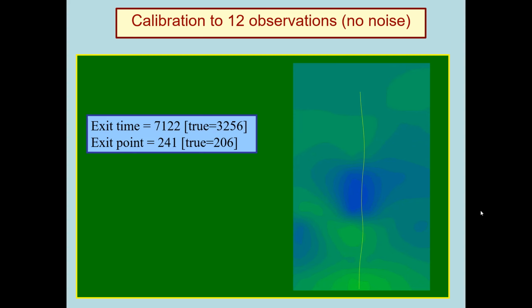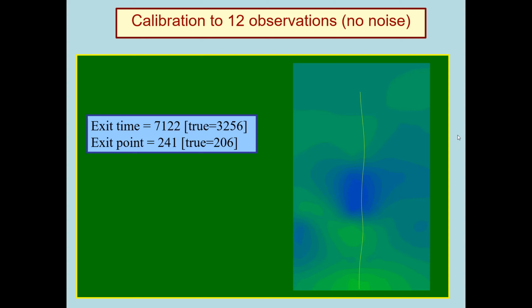The less observations I use, the more blurry does the calibrated parameter field become. And, looking at this, the more wrong does the prediction of the particle travel time become. So here, my perfectly calibrated model is making a prediction which is 100% wrong.